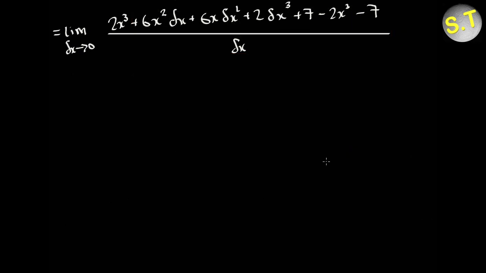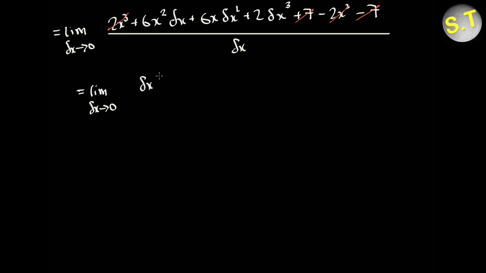So as always, there's a couple of terms which can cancel out. So we have a plus 2x cubed term here, and a minus 2x cubed term here. We have a plus 7 and a minus 7. And once again, we can factor out delta x. So what we're left with is going to be the limit as delta x approaches 0.